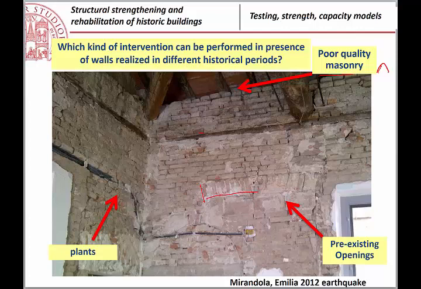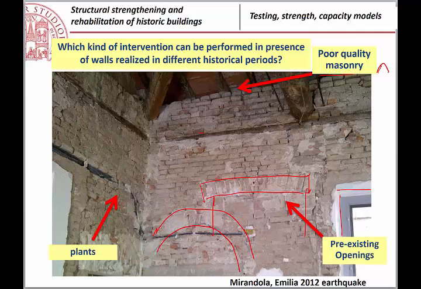For example, probably there was some opening here in the past, then the opening was closed, and there was an opening in another part, then there is also an arch here, I don't know why. And this was quite a regular building.